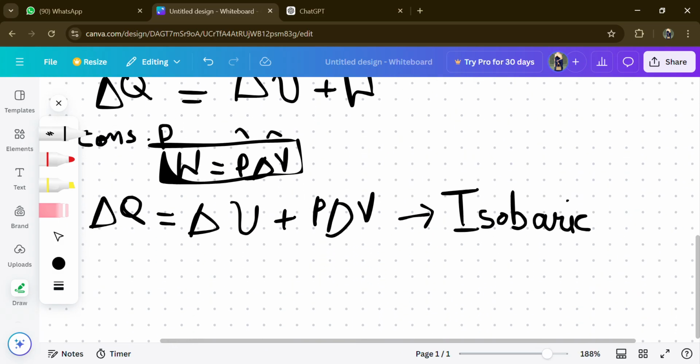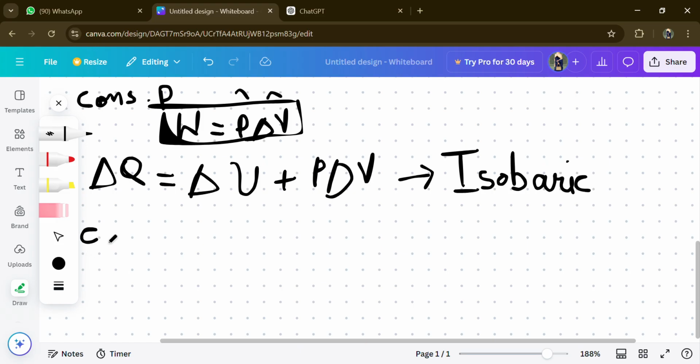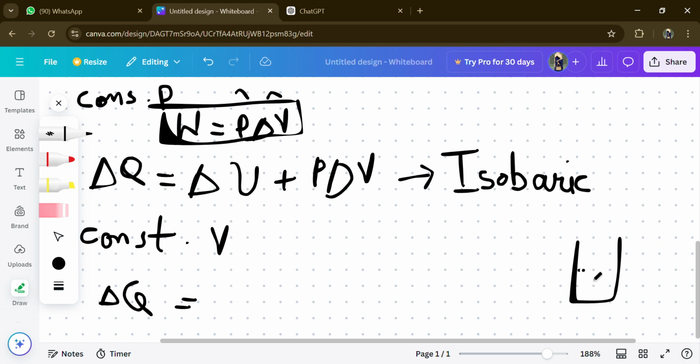Now the second term that we use is constant volume. We all know that if there is constant volume, there isn't any work done, because what is work done? The piston moves upwards or downwards due to the heat provided to the system, or we put a small weight on the piston, so it gradually moves upward because of internal energy.